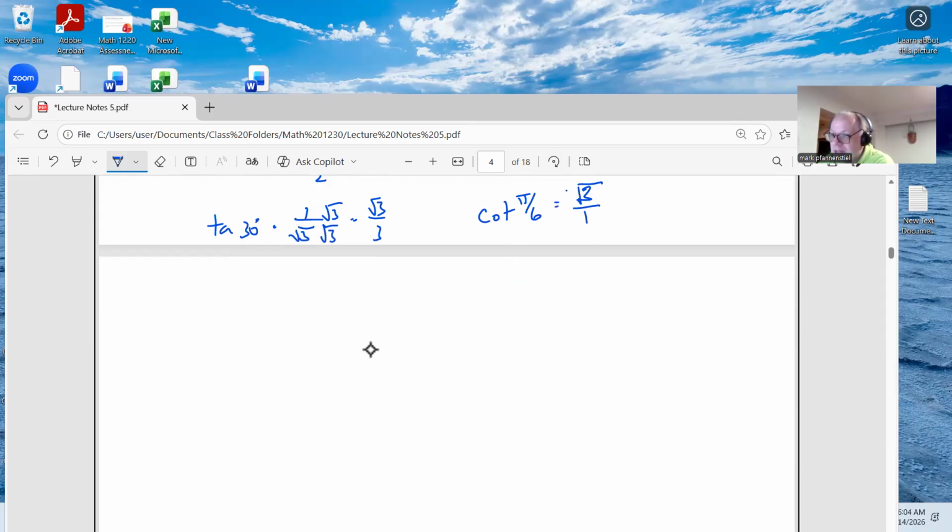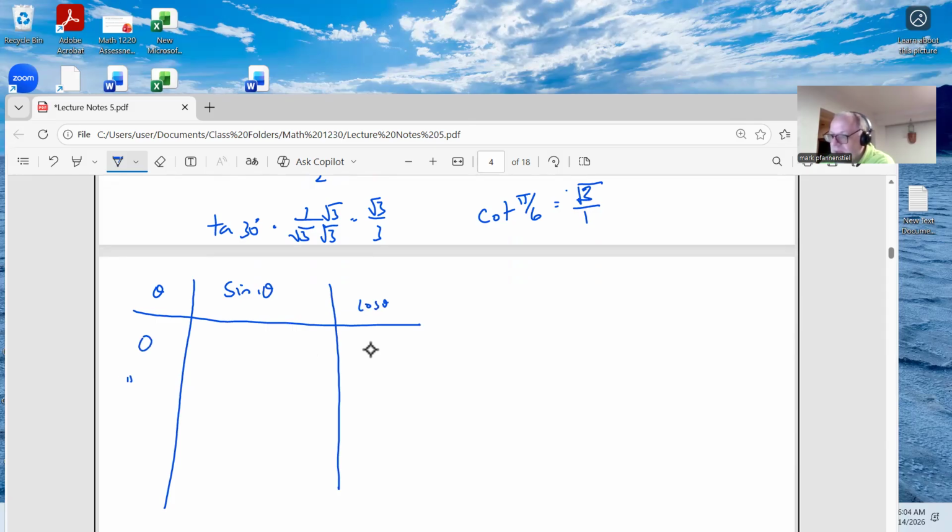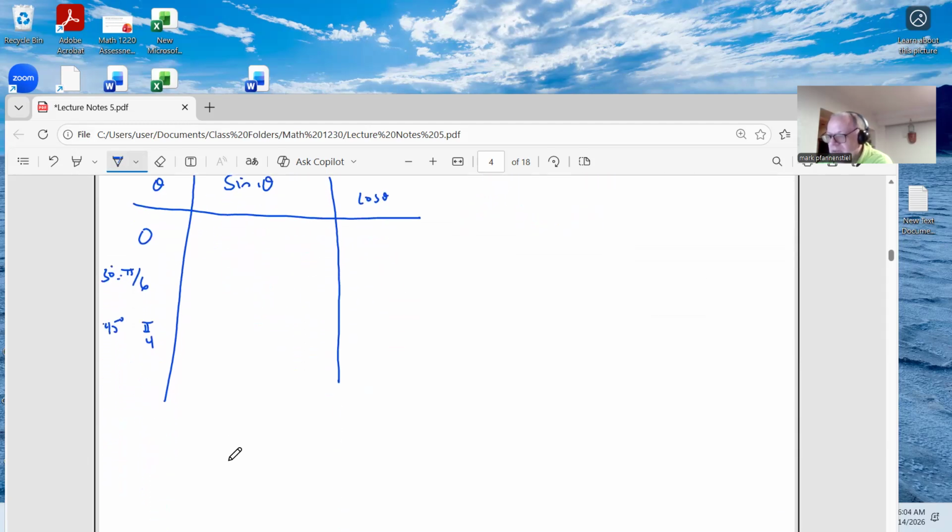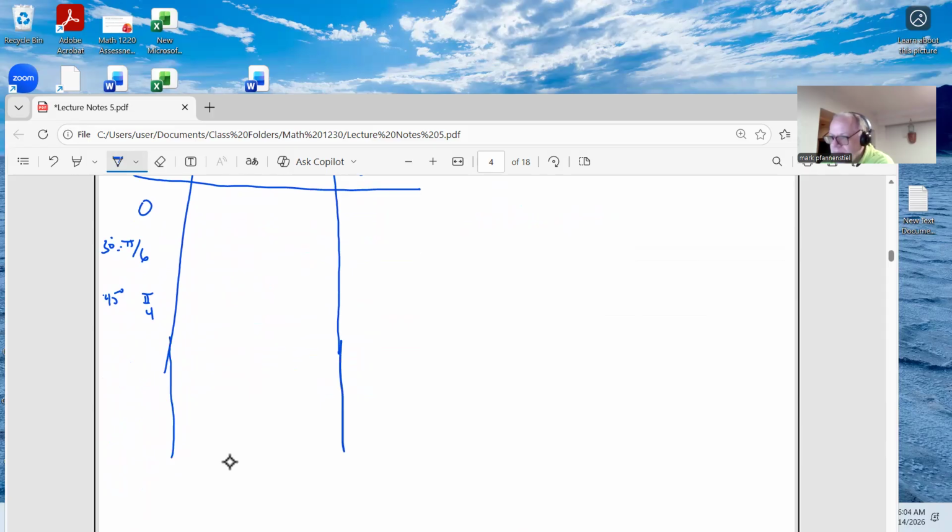So I'm going to write down our angle, and then here we're going to have our sine and our cosine. We have a 0-degree angle. We have pi over 6 or 30 degrees, 45 degrees or pi over 4, and 60 degrees or pi over 3.